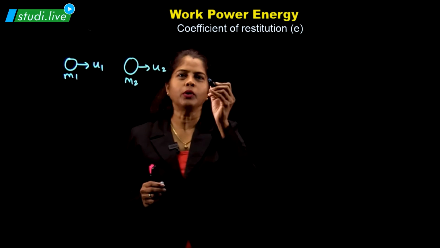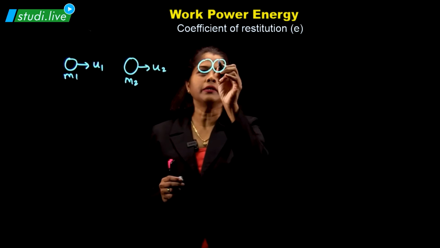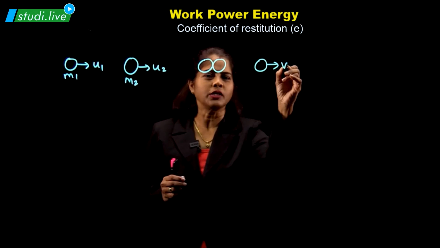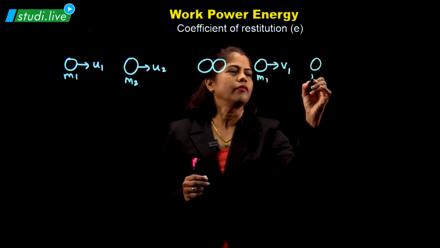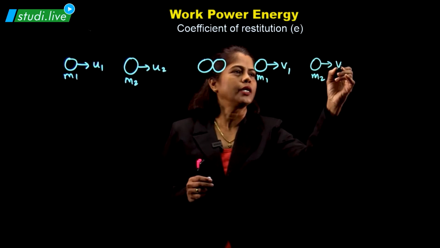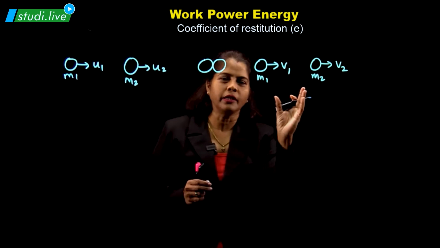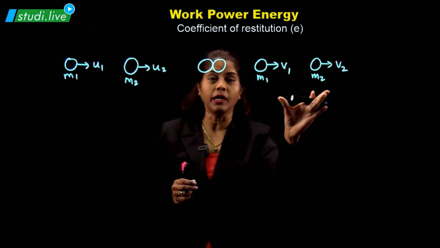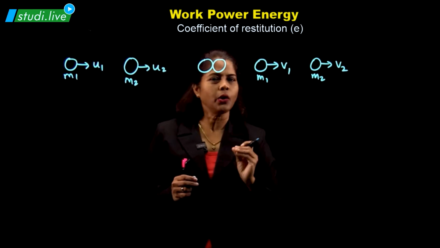They both collide with each other and then get separated, with velocity v1 and v2, the final velocities, right? Now to understand the degree of collision, I told you if they separate, it is elastic collision. If they stick to each other, then it is inelastic collision.